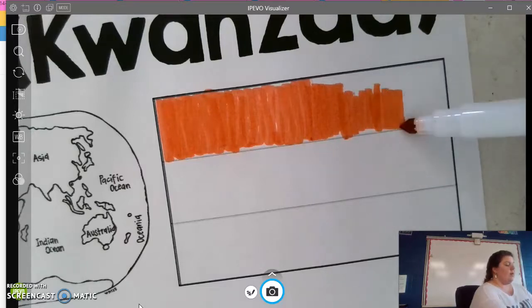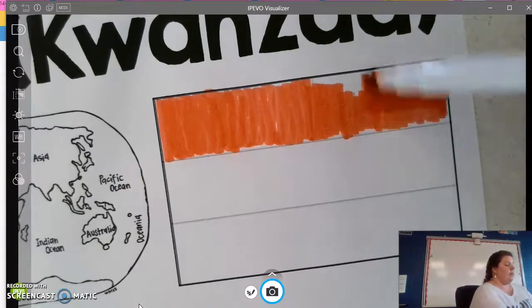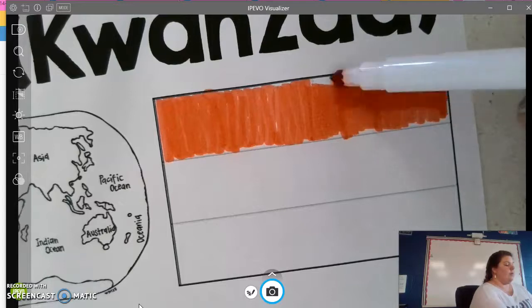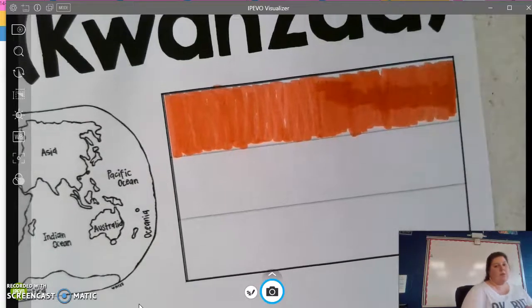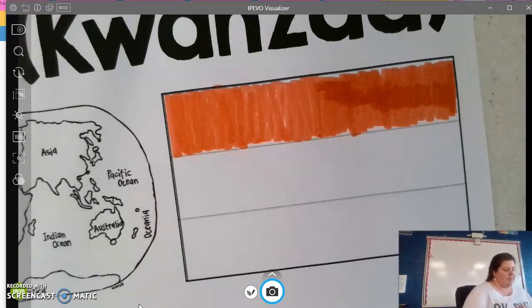Try not to take all of your time with just coloring this top stripe. So I'm going to do it a little quickly. You could do it a little slower. Okay? So once you get your top stripe red, the middle stripe is black.